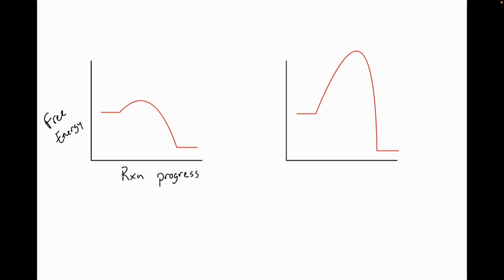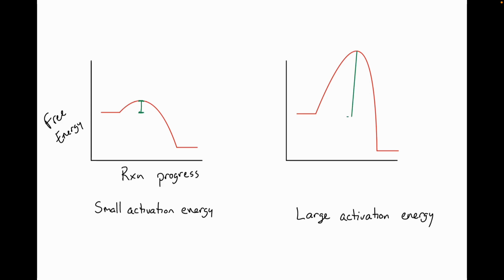Okay, this has a very small activation energy. Whereas the one on the right has a large activation energy. All right, because again, activation energy is the size of this hump right here that my reactants have to jump over in order to become products.